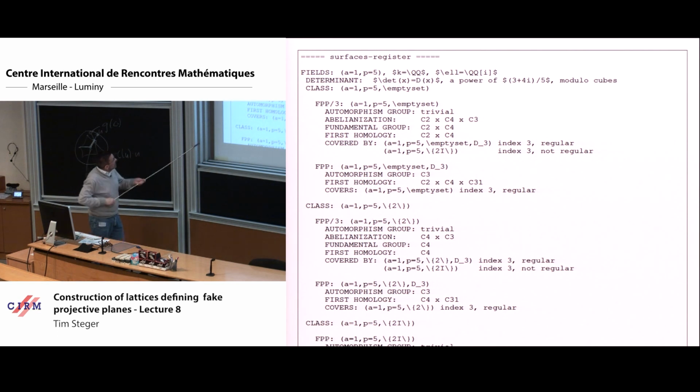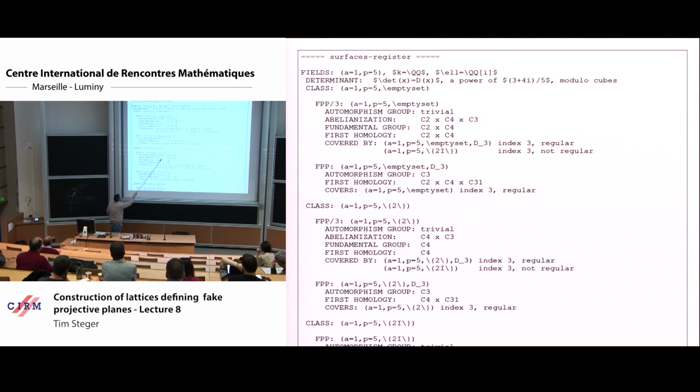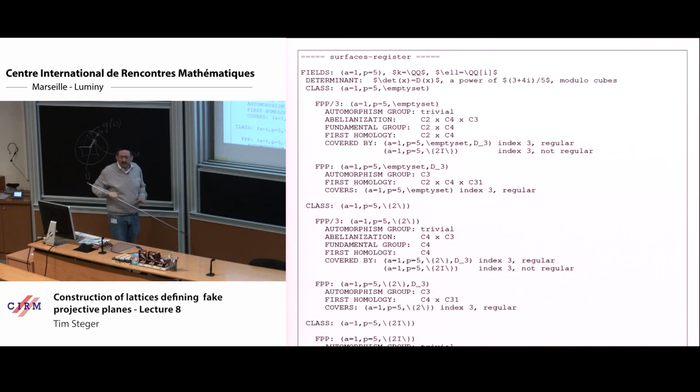So for each item on the list, we give a list of both what it is covered by and what it covers. Now, obviously you need to be working on some specific problem in order for that information to be of interest to you, but if you need that information, it's certainly available.